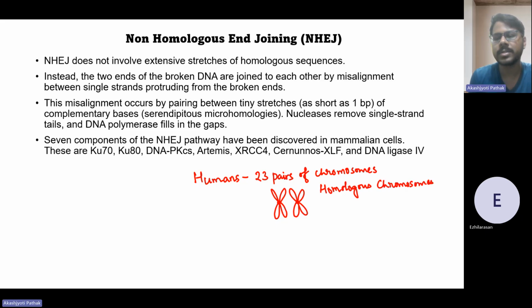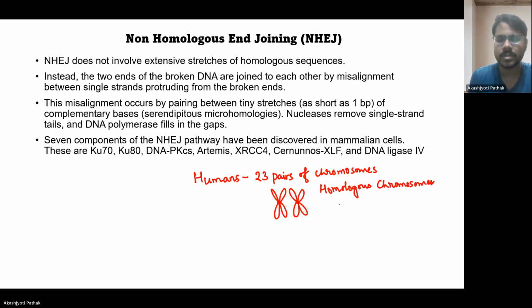There is pairing of the homologous chromosomes. At which stage of meiosis one? In prophase one, in the zygotene stage, there is pairing of homologous chromosomes. There is formation of the synaptonemal complex, and then in the pachytene stage, there is crossing over.